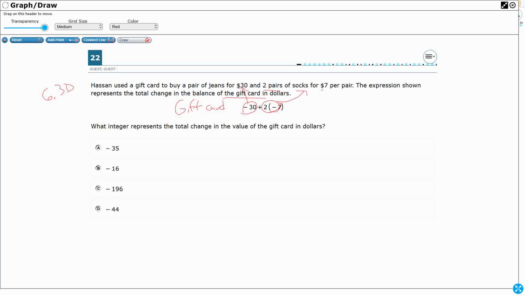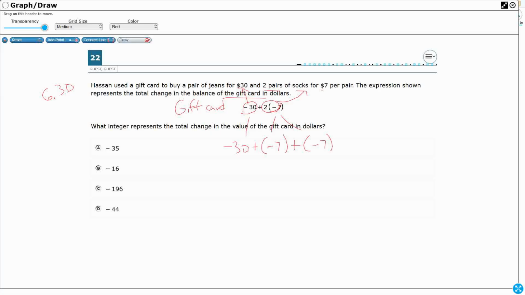Okay, so we need to just simplify this basically. Well, if I'm taking away two sets of $7, this right here is still minus 30. But we can have these two sets of 7 as plus -7 plus -7. So that's really what this is looking at. These two expressions are equivalent.